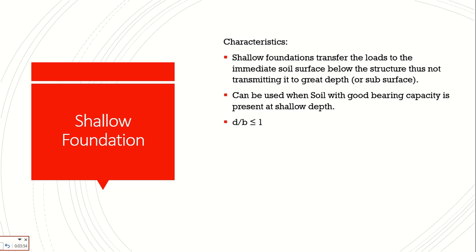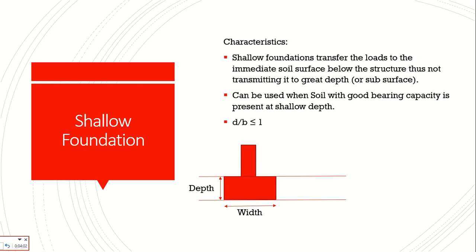Now what do this D and B stand for? Let us see. This is the foundation, and D stands for the depth of a foundation and B stands for its width. In this figure we can observe that D is less than B, meaning depth is less than the width of a foundation.